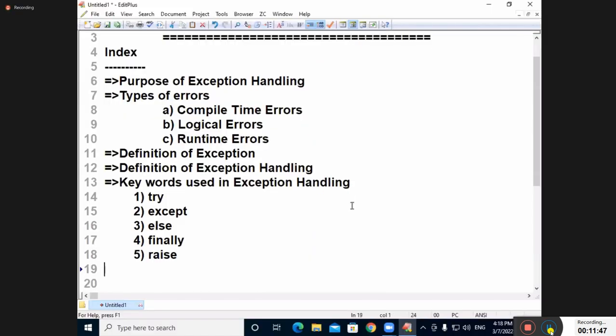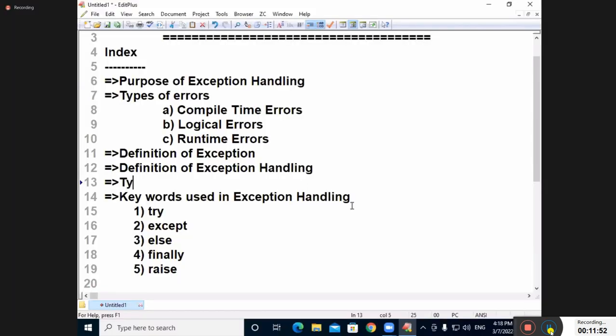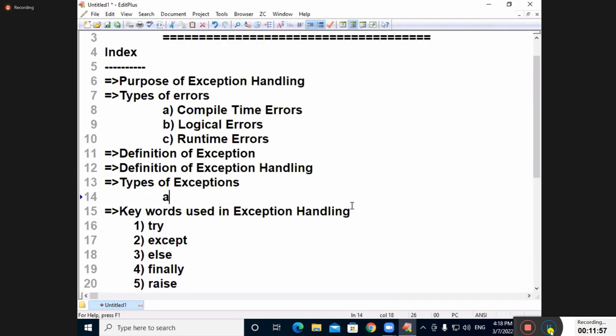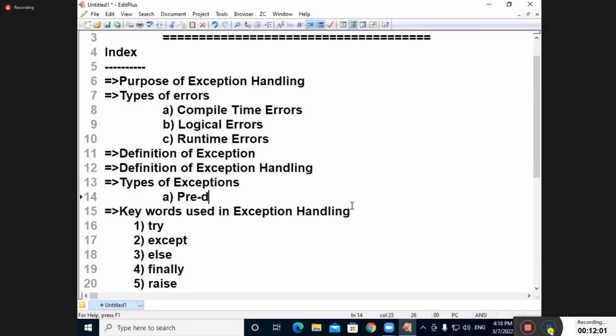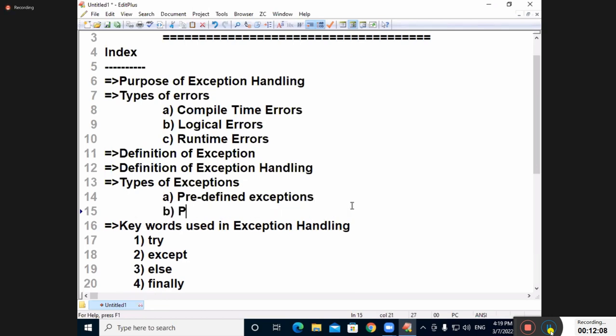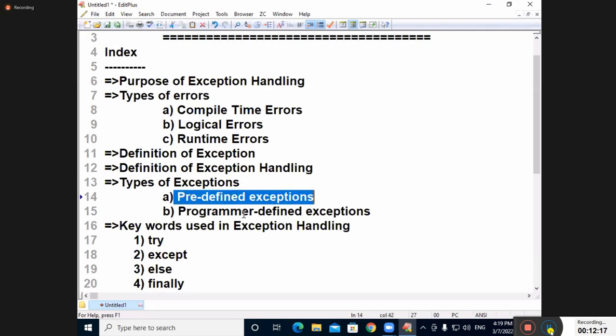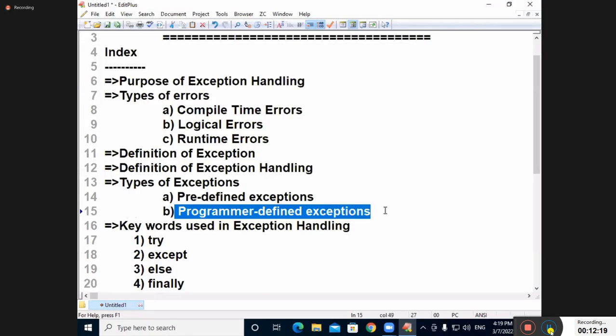Next, I will talk about types of exceptions. First is predefined exceptions. Second is programmer-defined exceptions.